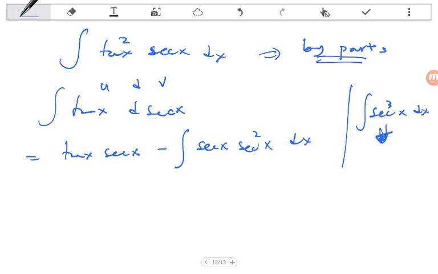Now, whenever I have this, I just need sec tan d sec.